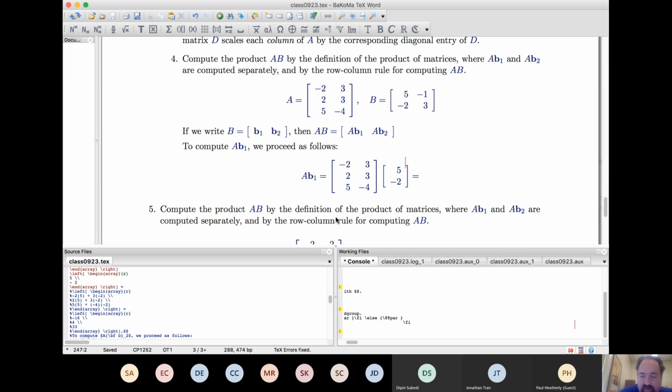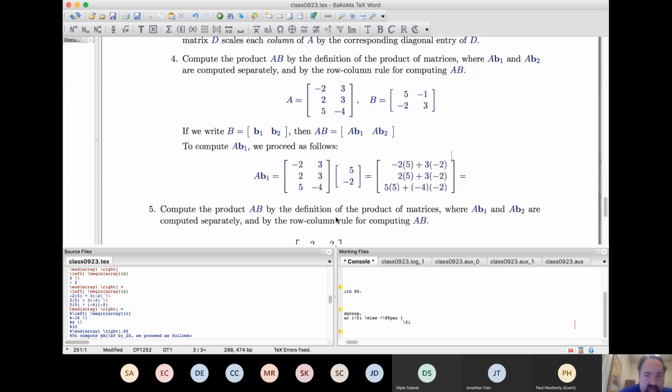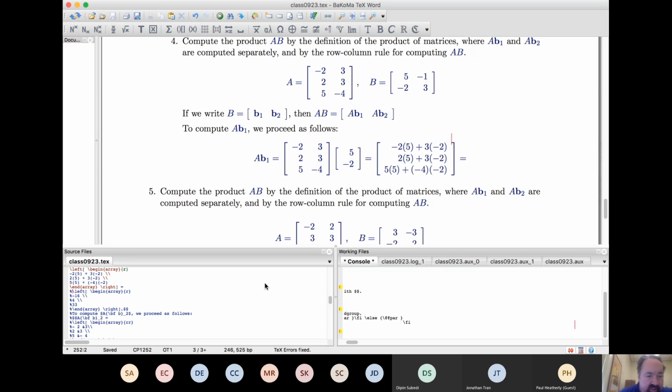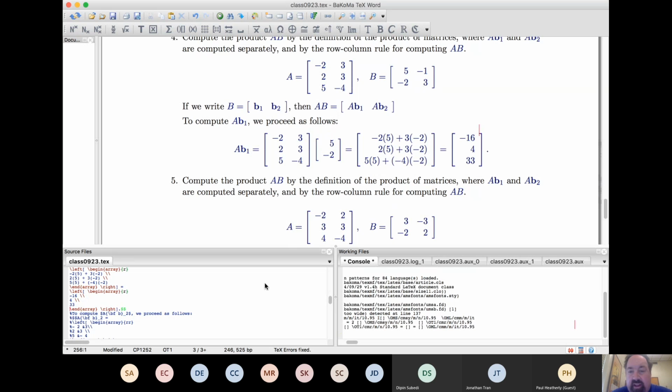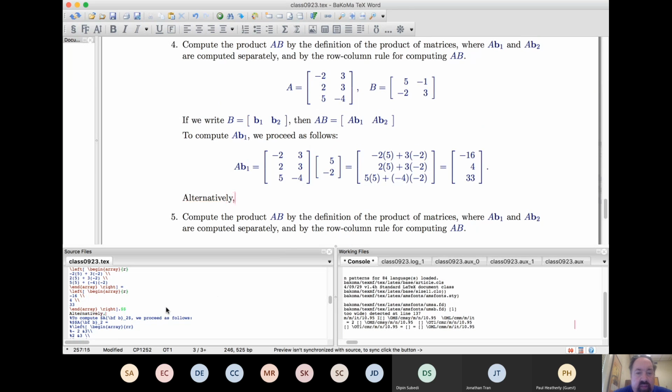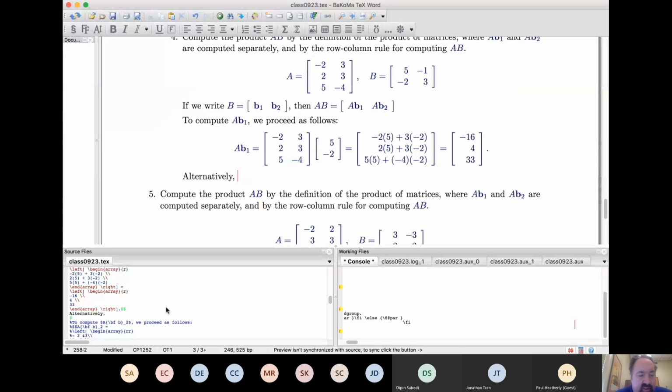So written out in full, minus 2 times 5 plus 3 times minus 2, similar for this one, and then 5 times 5, and then plus minus 4 times minus 2 for the third element. So we go ahead and carry all that out. But I want to show you another point of view that you might prefer.